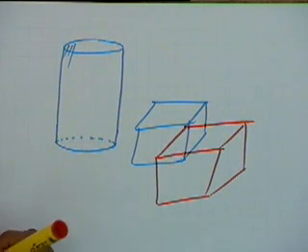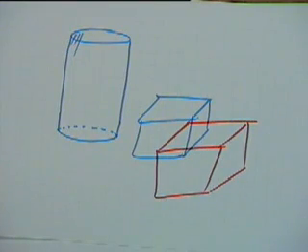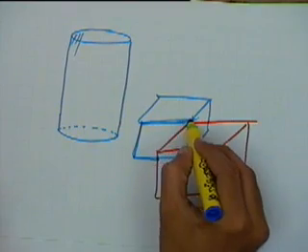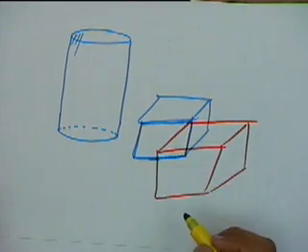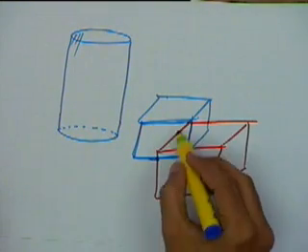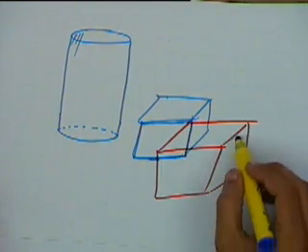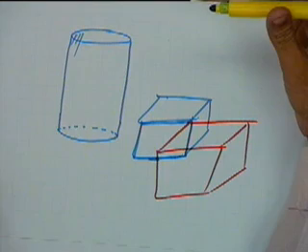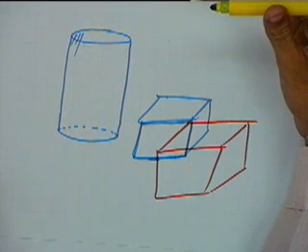Now we've got two blocks. As a result, this face for this block is a front face, but is partially hidden by a second face. So just a simple back face removal might not be sufficient.